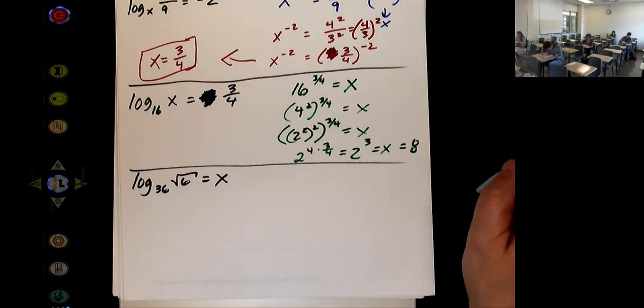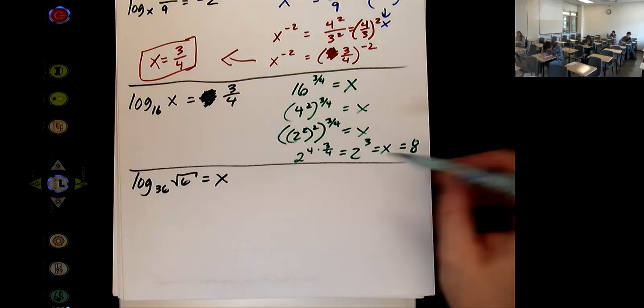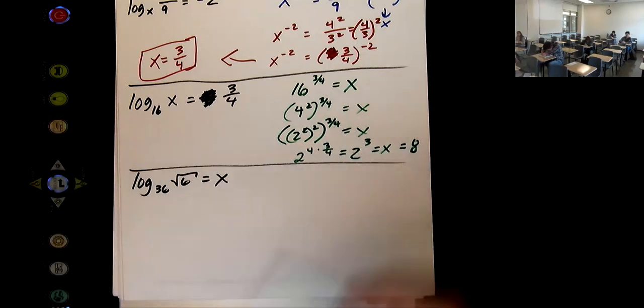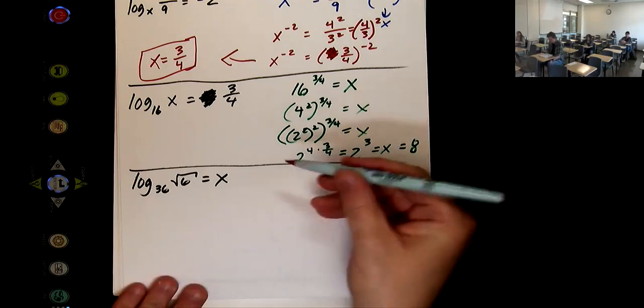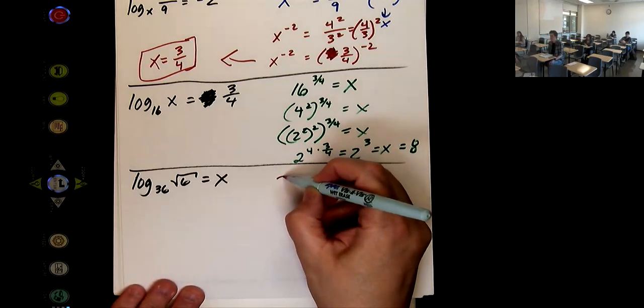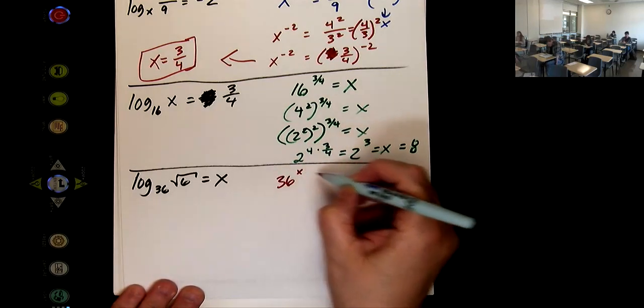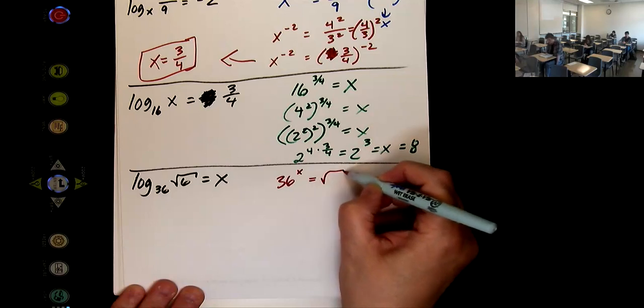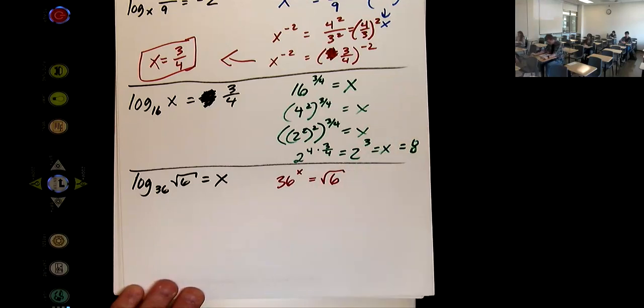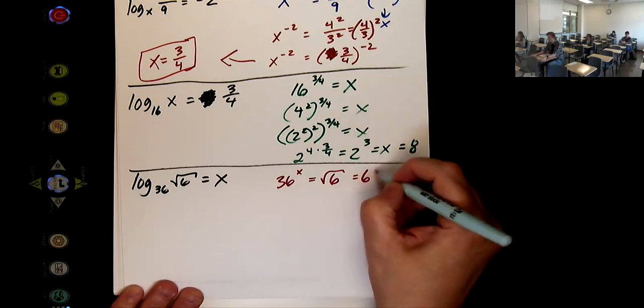You'll notice solving these is a lot of just number manipulation, right? Other than remembering how it transitions from one formula to the rest, a lot of this is just number manipulation. If I rewrite this, this is 36 to the x equals square root of 6. A square root of 6, though, is 6 to the 1/2.